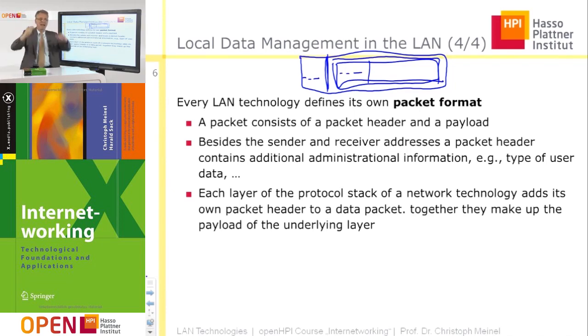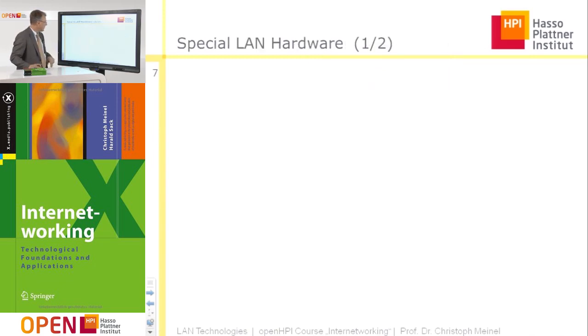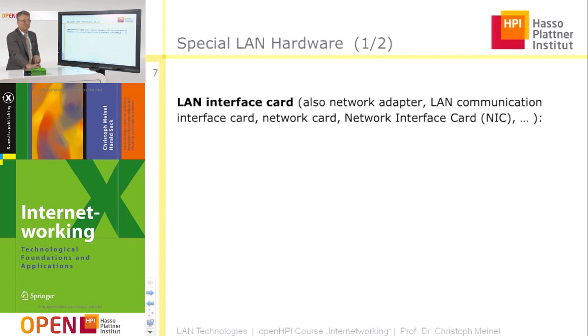This can be done layer by layer, so you see there is a lot of administrational data in such a data packet. For the designer of such network communication protocols, it's important to have a good balance: in one sense, to help by means of such administrational data so that communication is supported in the best way; on the other side, not to overload the infrastructure with too much of this administrational data.